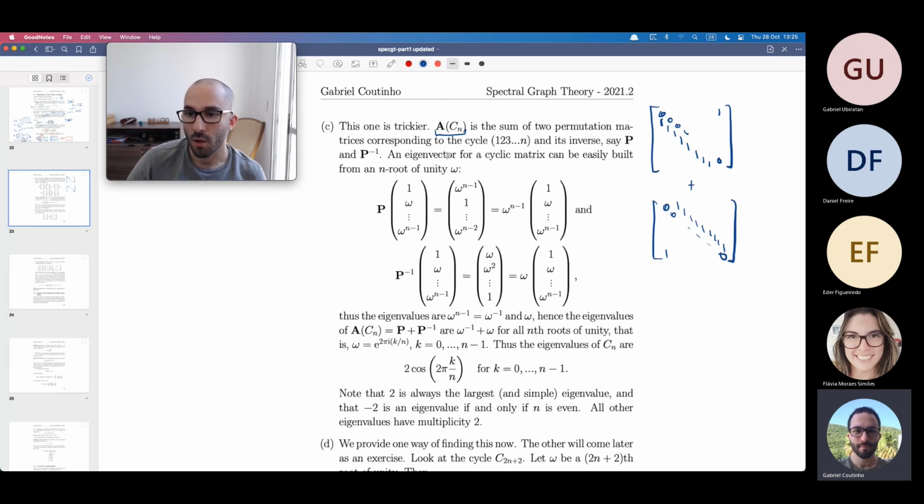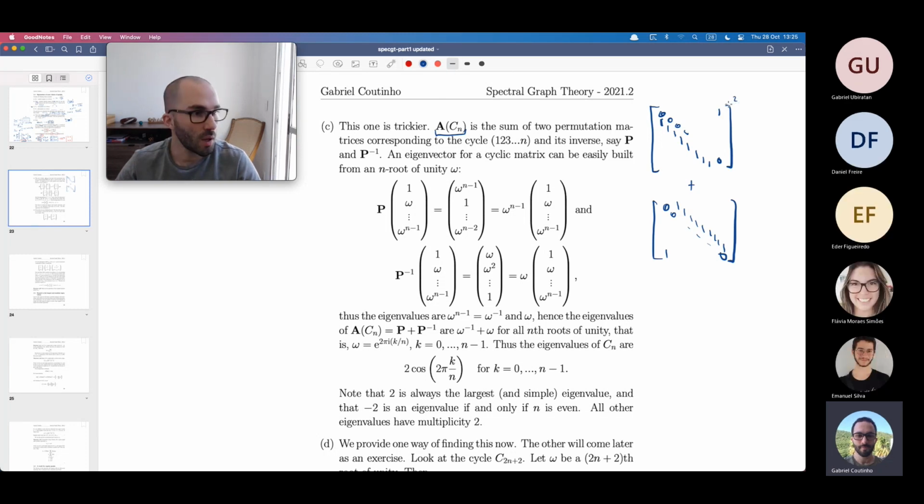Now, these matrices are cyclic in the sense that if you compute powers of this matrix, you will be generating permutations which are mapping now. So if you take this matrix squared, I will be taking the matrix that maps 1 to 2 and 2 to 3, so the matrix that maps 1 to 3 and so on.